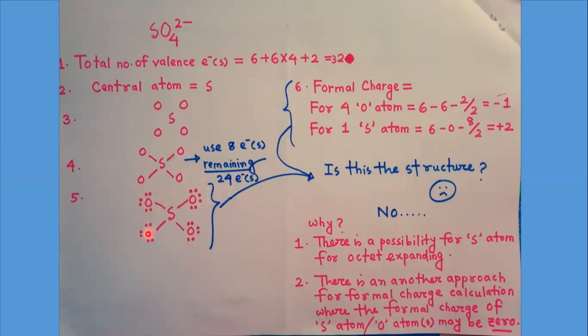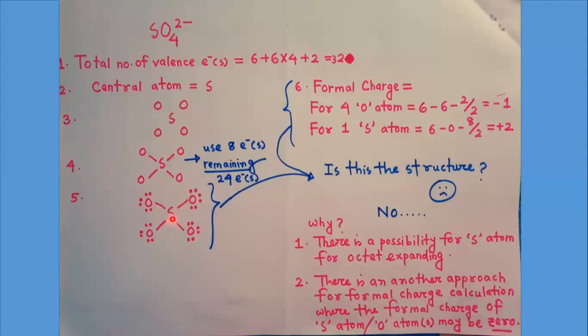Similarly for this oxygen and this oxygen. So each oxygen in this ion follows the octet rule. And also sulfur follows the octet rule here. 2 plus 2 plus 2 plus 2. So 4 bonding and 8 electrons. So it also follows the octet rule.